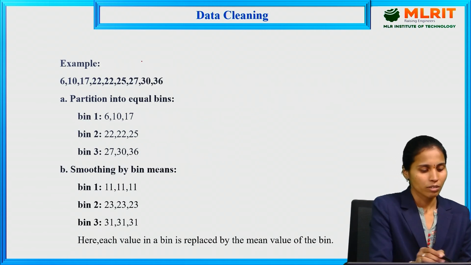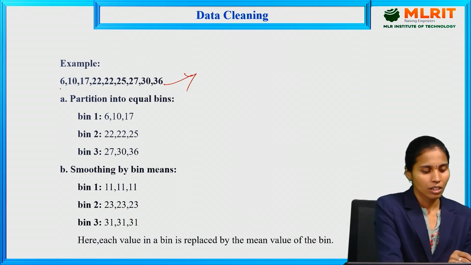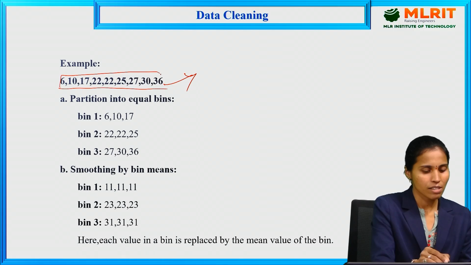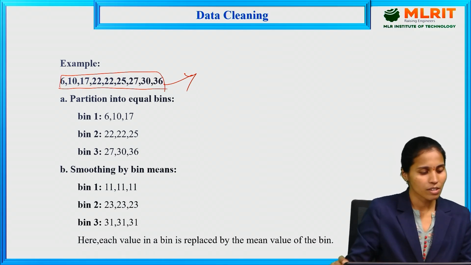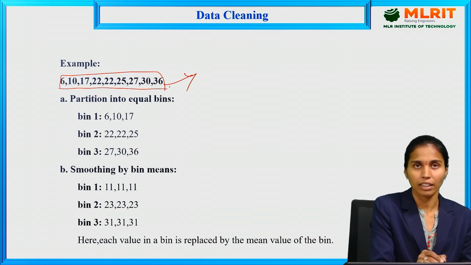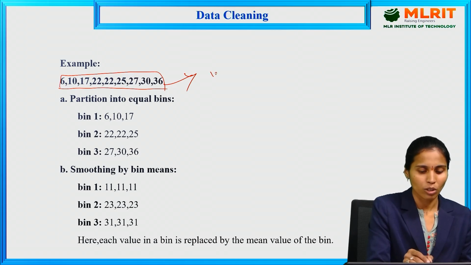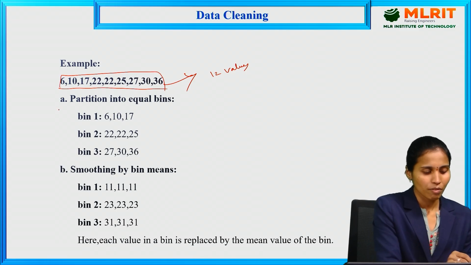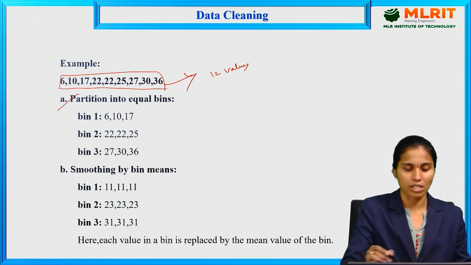For example, this is a data set: 6, 10, 17, 22, 22, 25, 27, 30 and 36. In total there are 9 values. The first step is partition into equal bins.